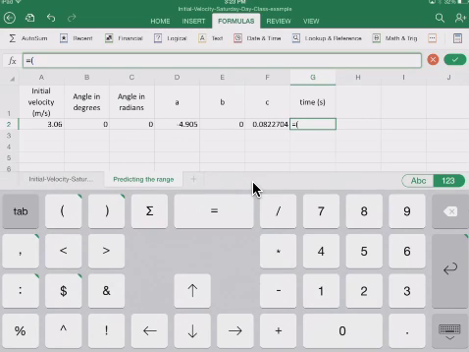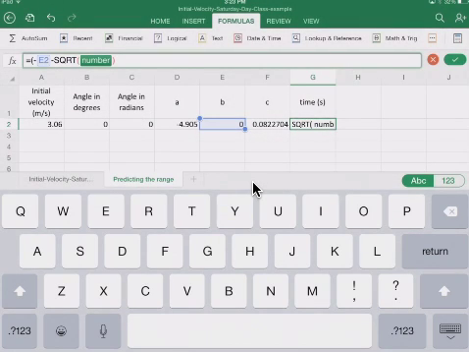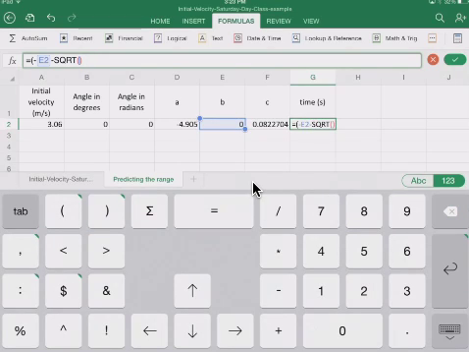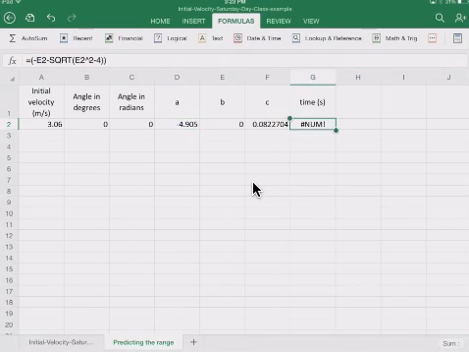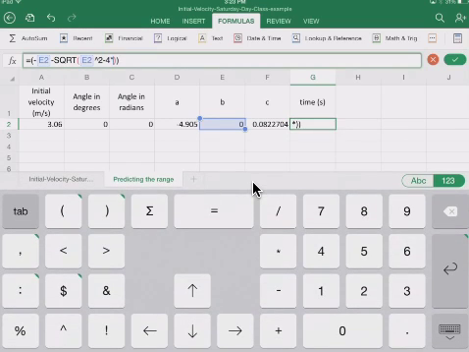So we're going to use one parenthetical statement: negative b minus the square root of b squared minus 4 times a times c.